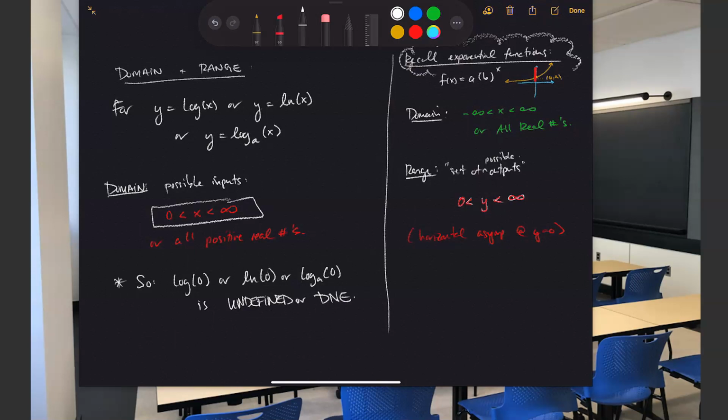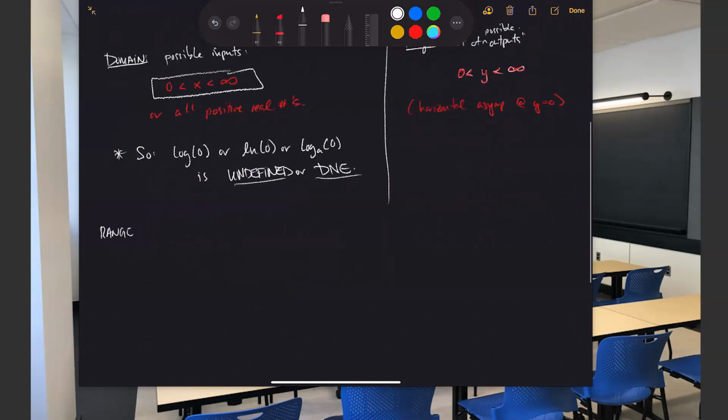But this is a key idea here, that the log of 0 is undefined. Again, think about it. What does the log mean? It means this is the power of the base that gets you 0. What we saw over here, can you raise a base to any power and have it equal 0? No, it can get infinitely close, but it will never get there. So log of 0 is undefined. So the domain here is all positive real numbers.